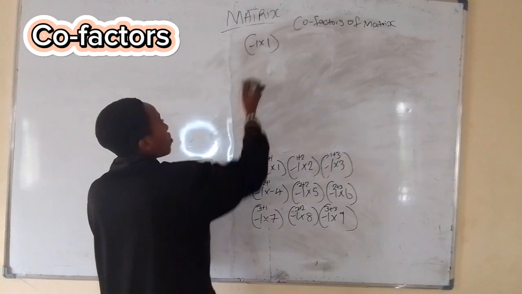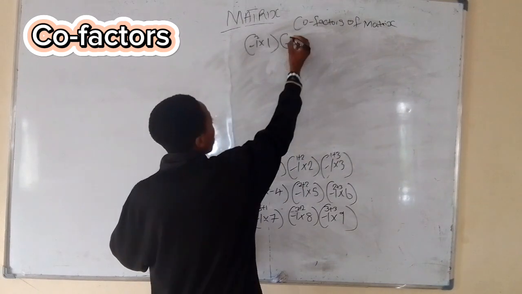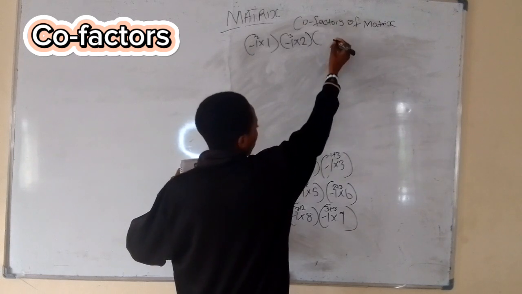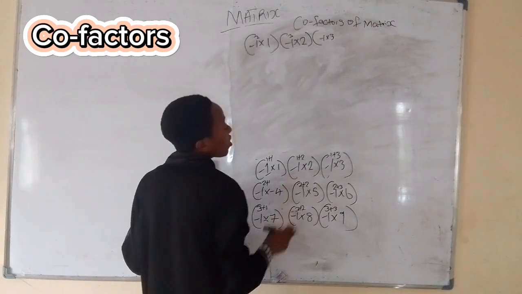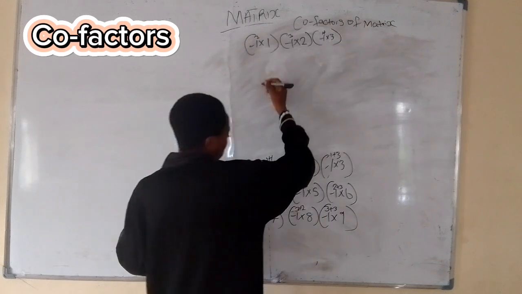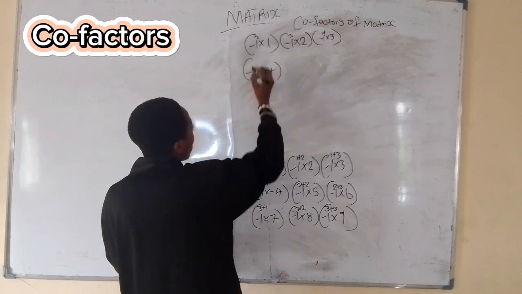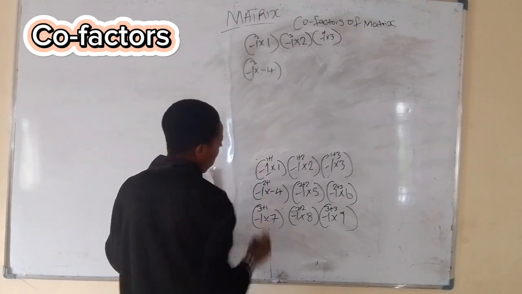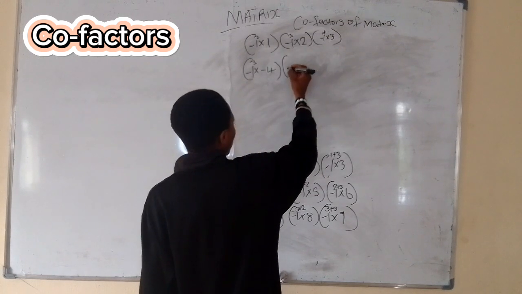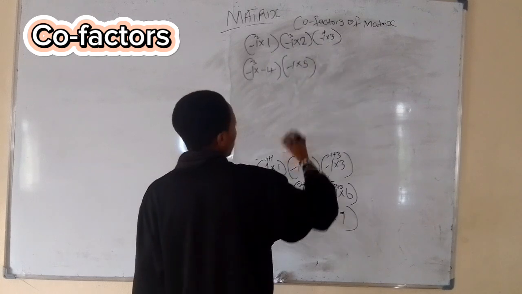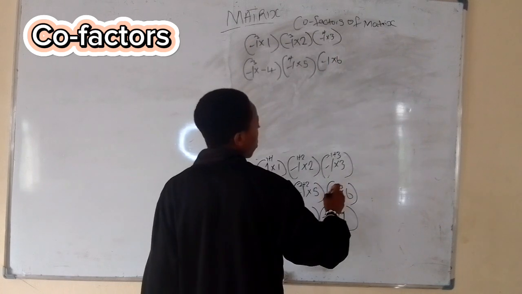One plus one is 2. 2 plus 1 is 3. 1 plus 3 is 4. 2 plus 1 is 3. 2 plus 3 is 5.